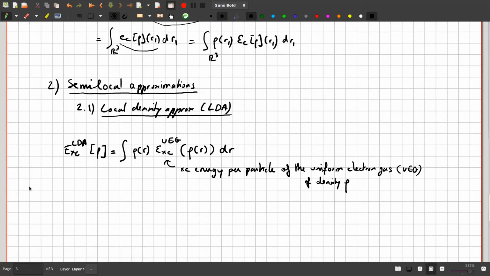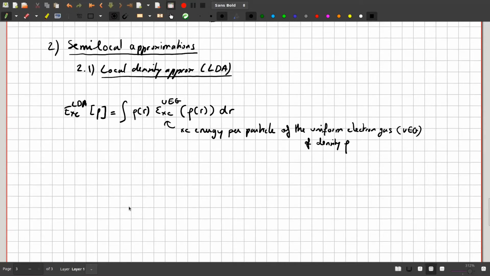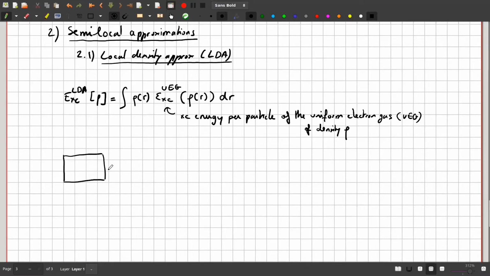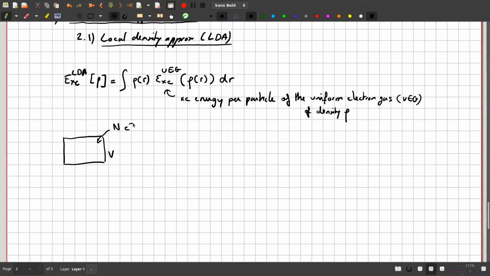Okay, so what is the uniform electron gas? Well, it's a model system that you can make in the following way. So you take a box of volume, let's say V, and you throw in some electrons, let's say capital N electrons. Okay, and you want a uniform density in space.